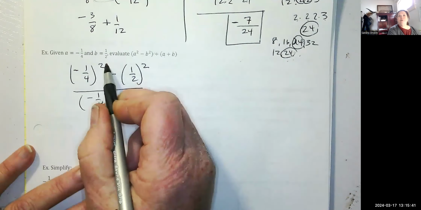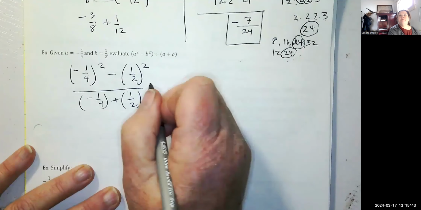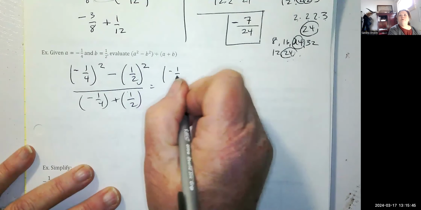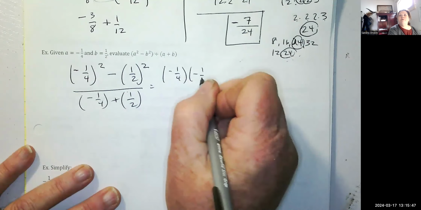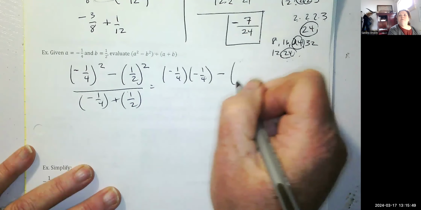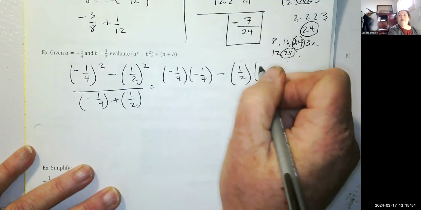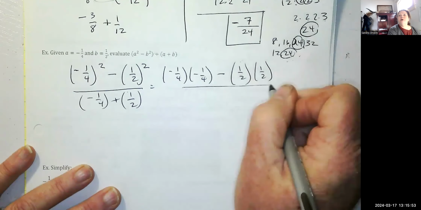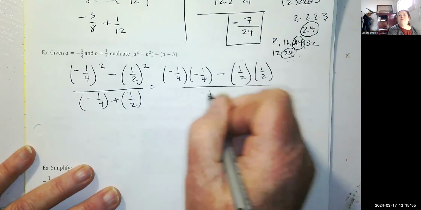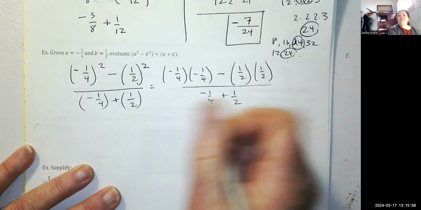Okay, we're going to do exponents first, which is negative 1/4 times negative 1/4 minus 1/2 times 1/2. All that's over negative 1/4 plus 1/2.